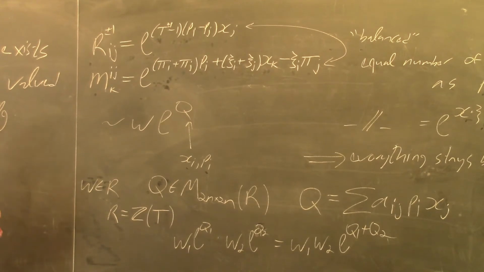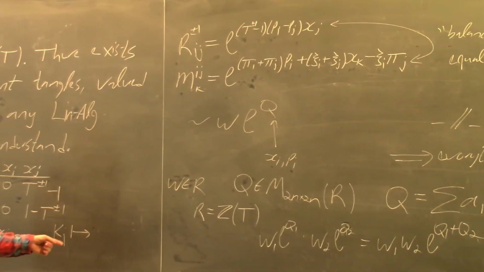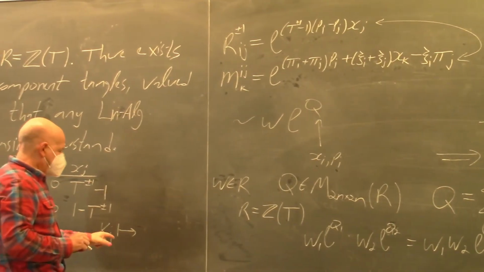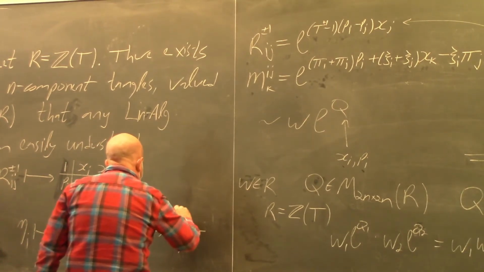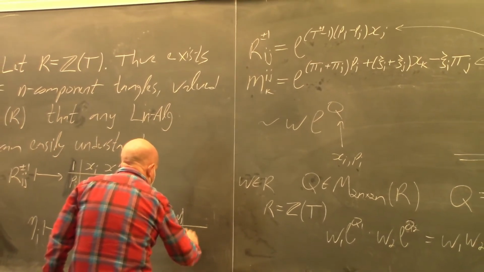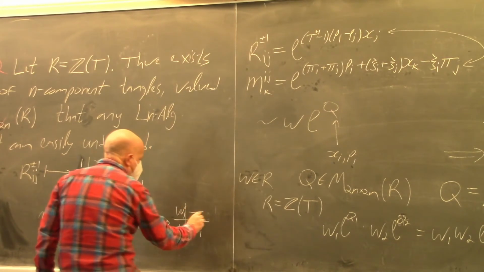So the conclusion is that if you have two tangles, K_i, and the invariant of K_i, where i goes from 1 to 2, is like omega_i, a_i, and then some labels.